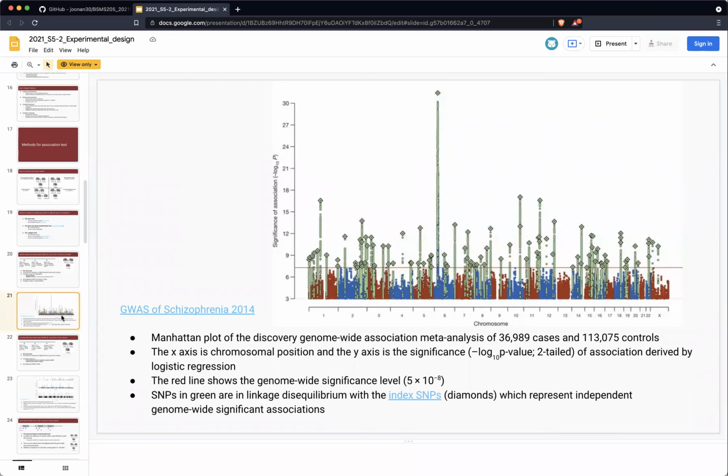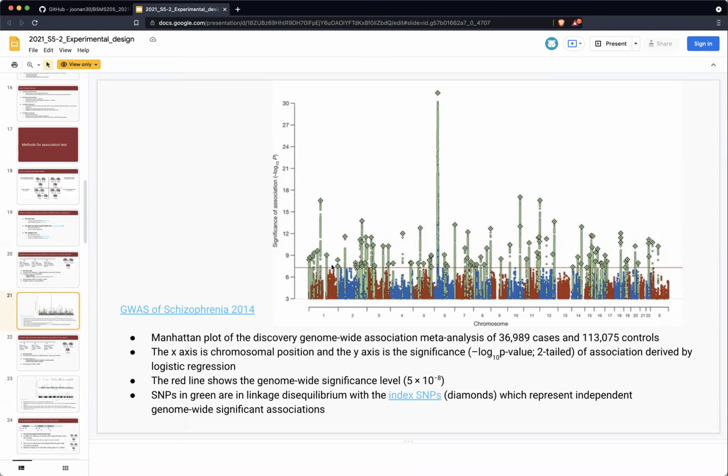That's why your threshold for significance is lower than just 0.05. You basically divide by 100,000, so it's going to be 5 times 10 to the minus 8, right? And if you see a locus above this threshold line, then you call it significant, right?